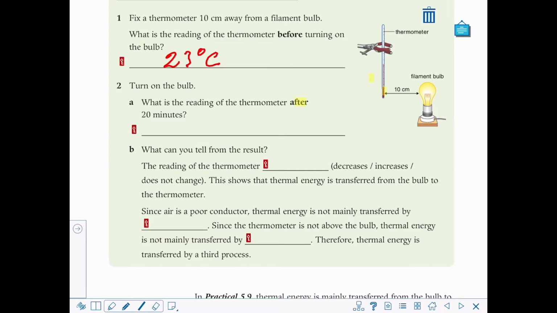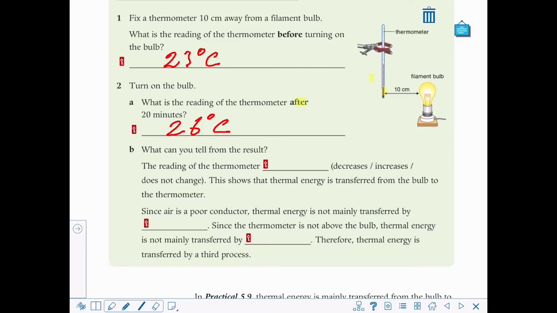Number 2. Turn on the bulb. What is the reading of the thermometer after 20 minutes? (26°C). What can you tell from the results?